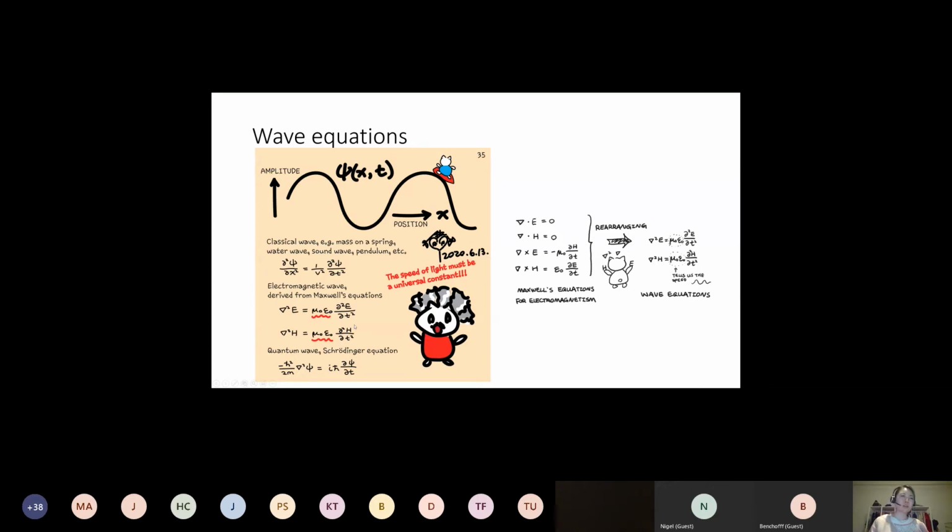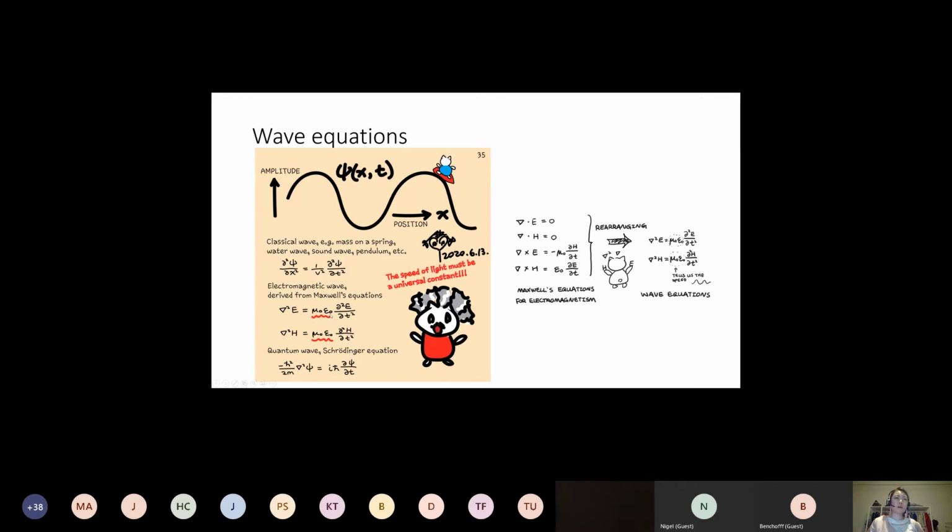By the way, yesterday was Maxwell's birthday. And these are the four Maxwell equations. If you rearrange them, you get these wave equations. And then you look at quantum waves, these are Schrodinger equations. They're basically all wave equations, and then you can figure out the wave velocity.